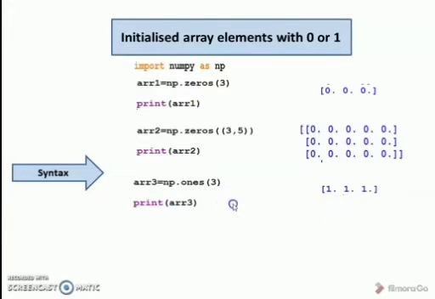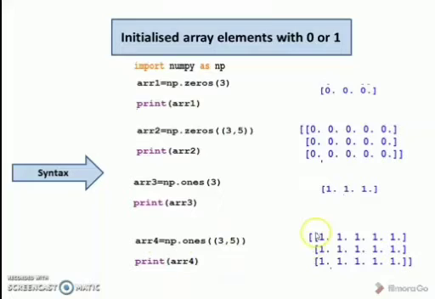In similar fashion, we can create 2D array. When we provide 2 parameter, it will create 2D array with 3 rows and 5 columns and all elements will be 1. So when we print this particular object, output will be 2D array with 3 rows and 5 columns and all elements are 1, right? So in this way we can initialize array elements with 0 or 1.